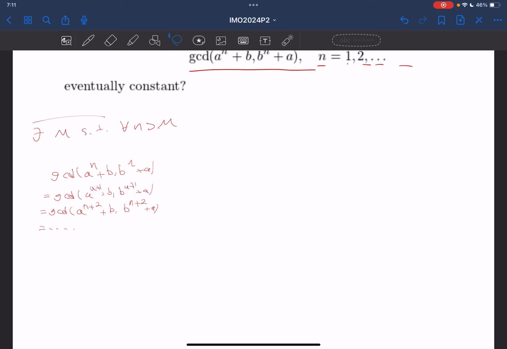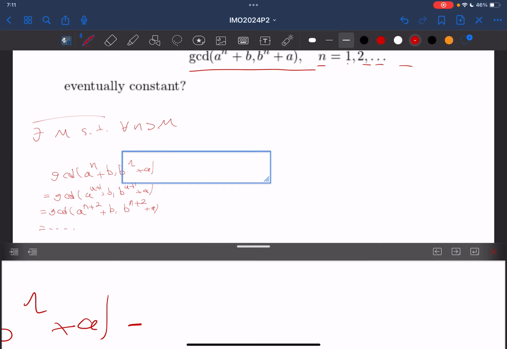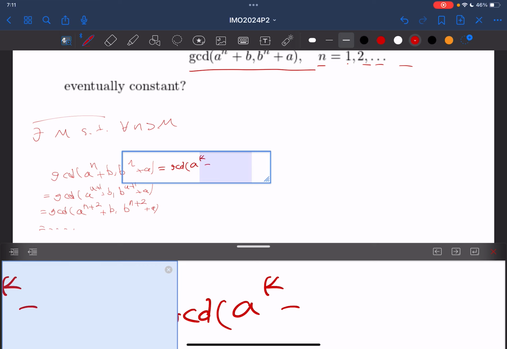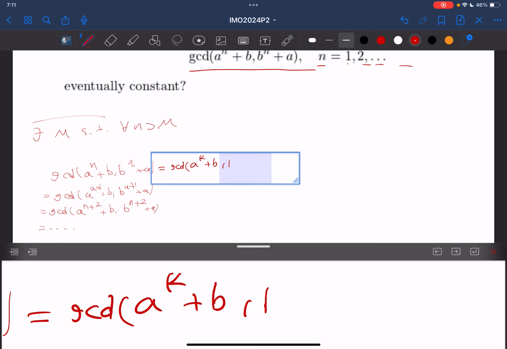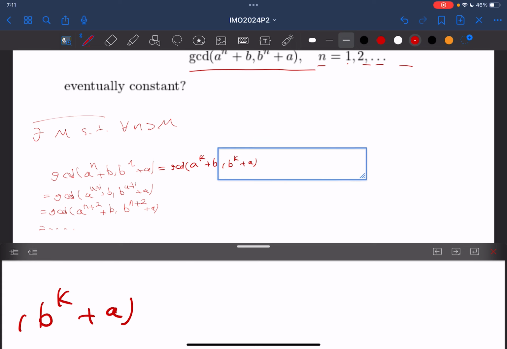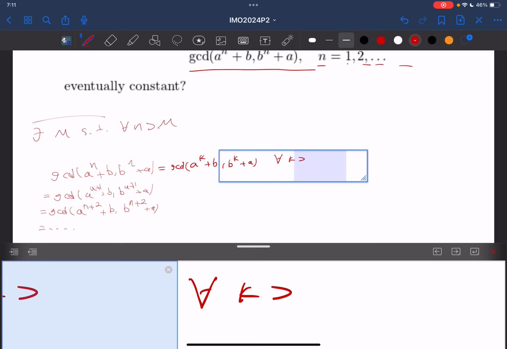And the question is asking: find all pairs of a and b such that this condition is satisfied. I can actually rewrite this as the GCD of a to the power k plus b and b to the power k plus a for all k larger than or equal to m.